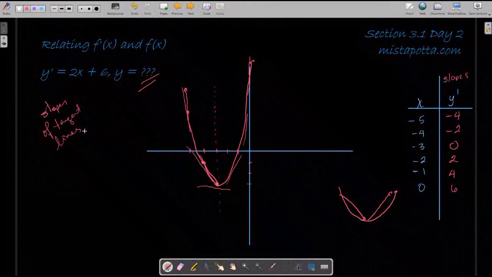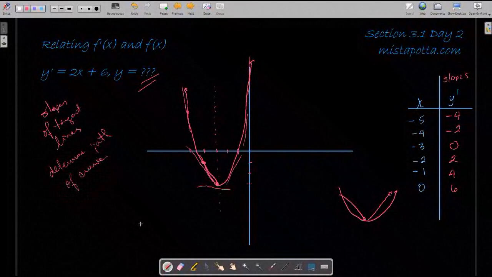And so these really help determine the path of the curve. So this is what I'm looking at when I look at a derivative, the graphical implications of what's going on.